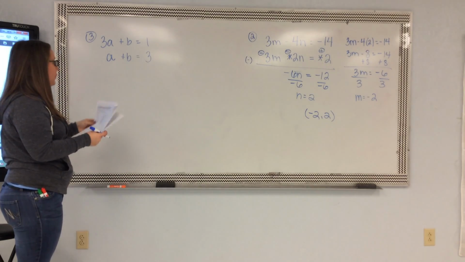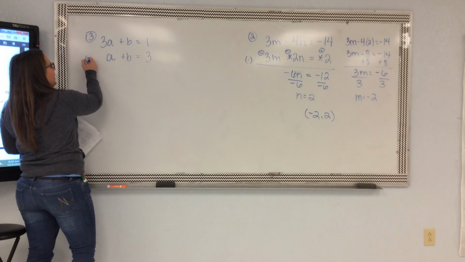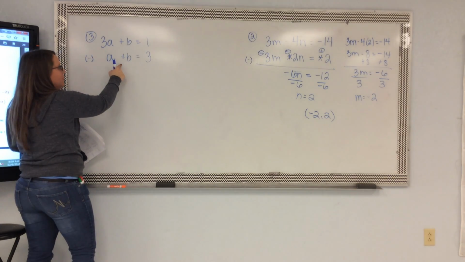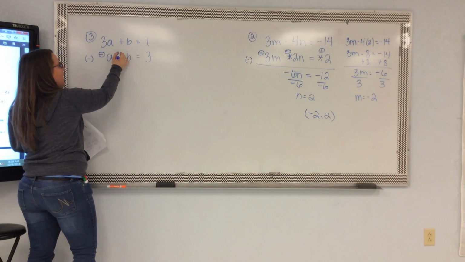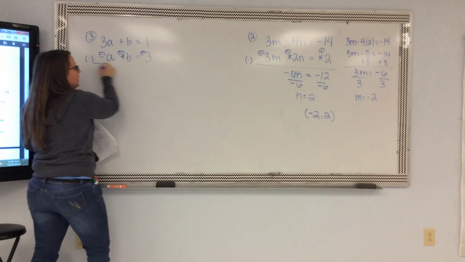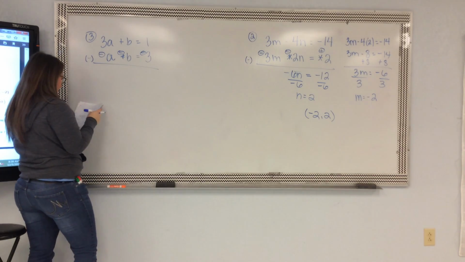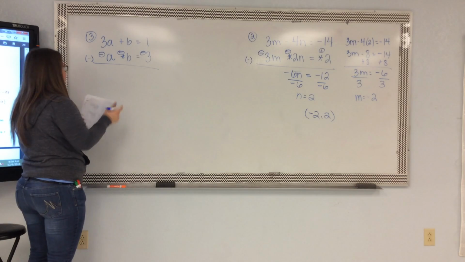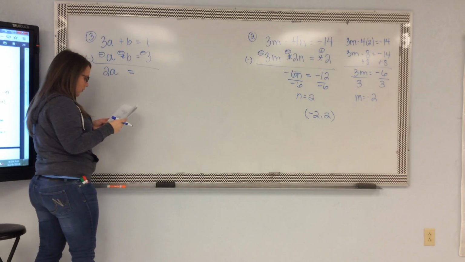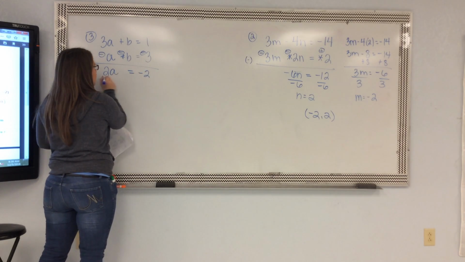A plus b is equal to 3. I'm going to go ahead and distribute a negative through here to make this b cancel out with this b. So this becomes a negative a minus b and a minus 3. Okay. 3a minus a becomes a 2a. B minus b cancels out, and 1 minus 3 becomes a negative 2.